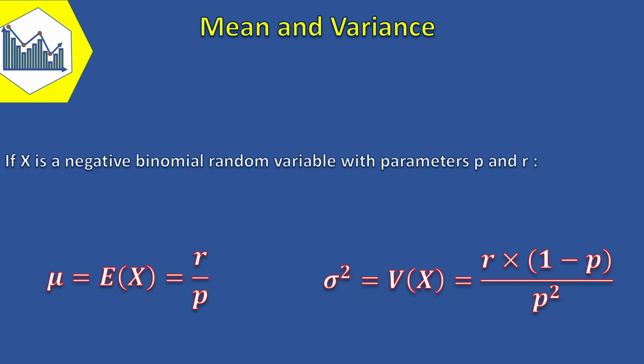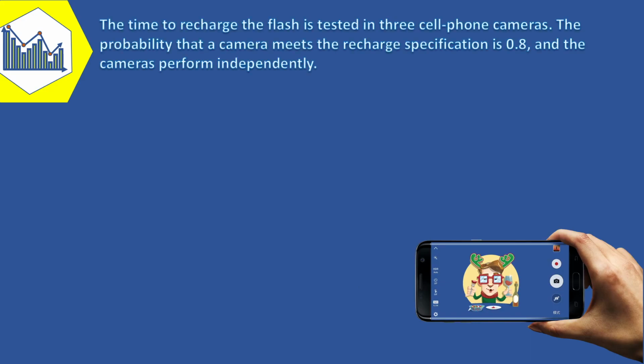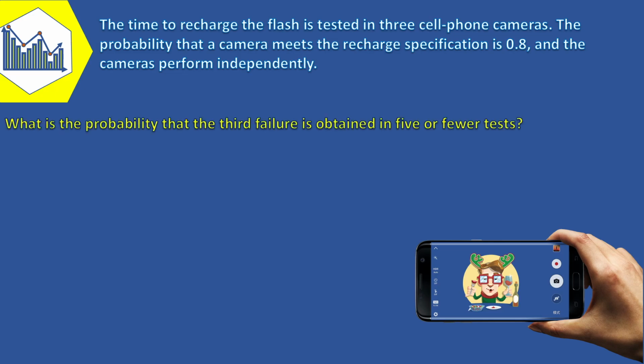Now, before wrapping up the video, let's see a simple example again. The time to recharge the flash is tested in 3 cell phone cameras. The probability that a camera meets the recharge specification is 0.8 and the cameras perform independently. We are interested in the probability that the third failure is obtained in 5 or fewer tests.